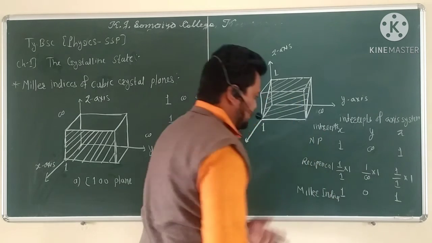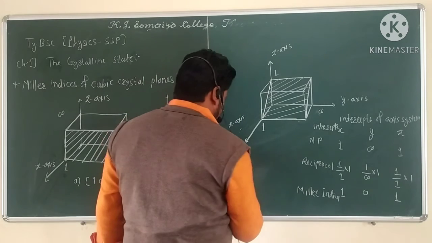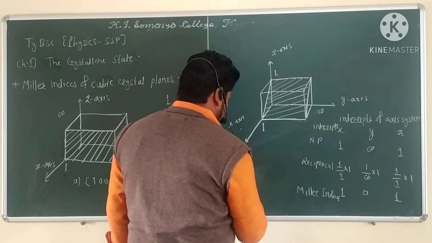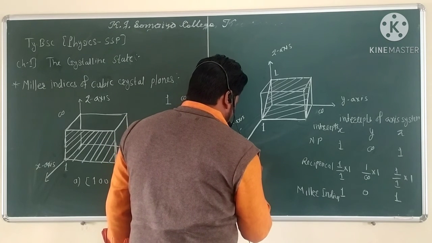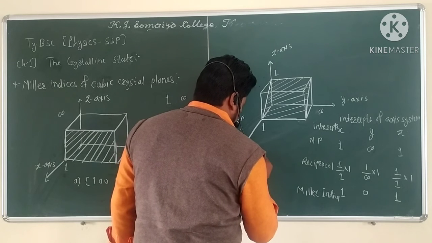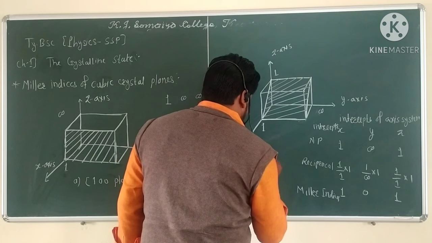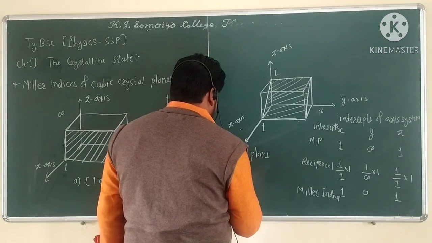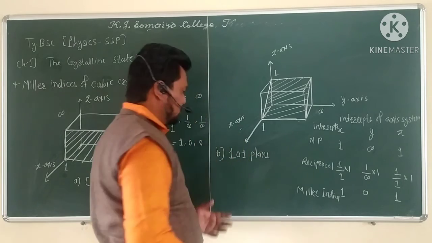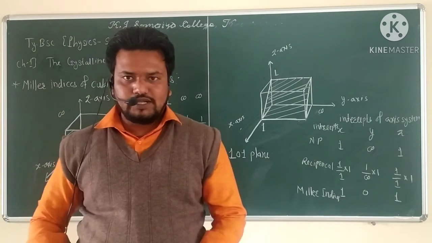These are the steps, so this plane is the 101 plane. This is figure B, which is the 101 plane.